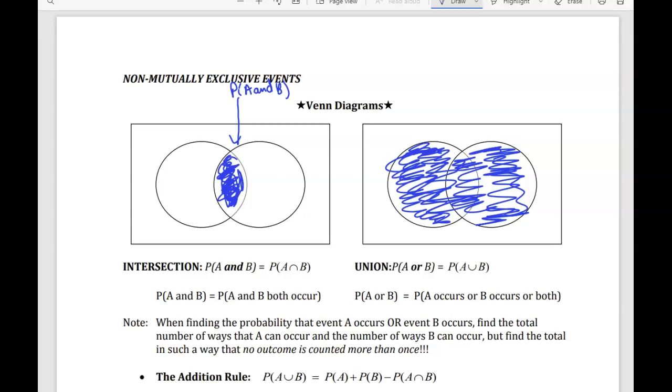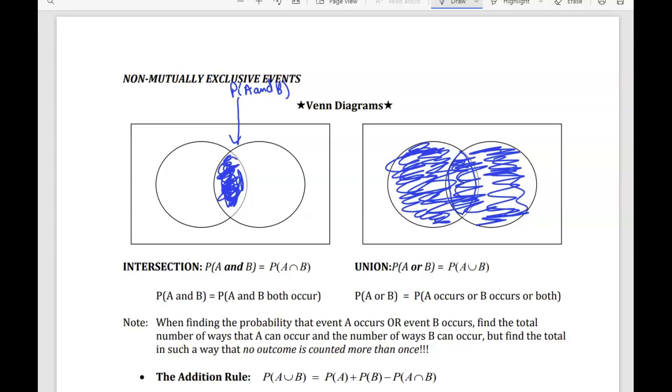We have to be careful about the or, the union. When we look at this, we want to make sure that we don't count things twice, because things inside of here are inside of this circle and they're here, but they're inside the circle and they're in here.